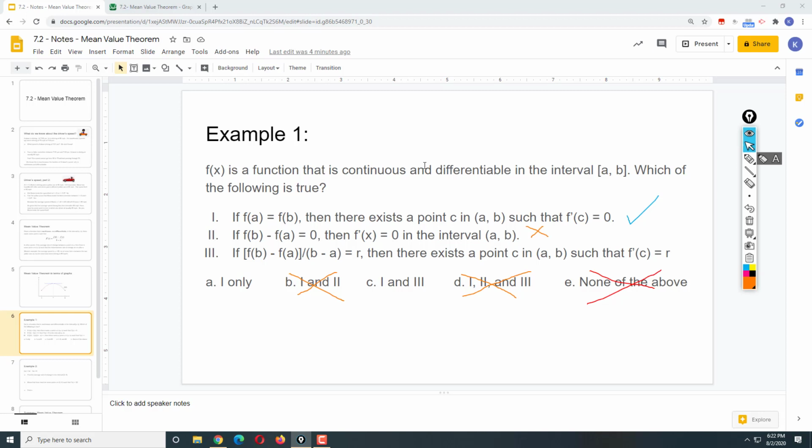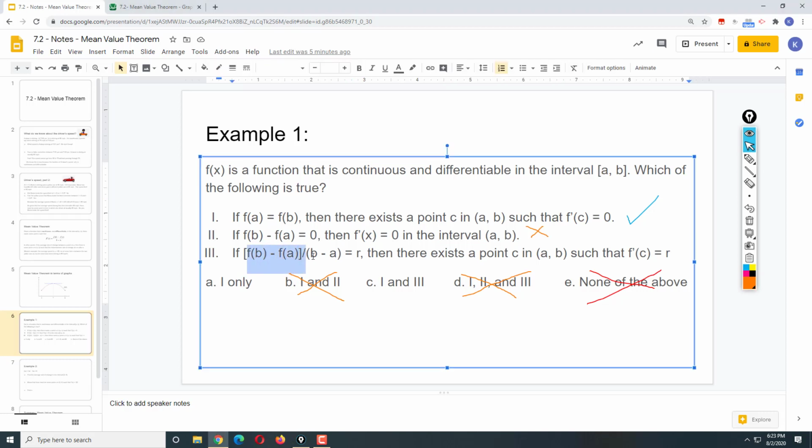Okay, statement 3. If FB minus FA over B minus A equals R, then there exists a point C in the interval AB such that f prime of C equals R. FB minus FA over B minus A is just the average rate of change.